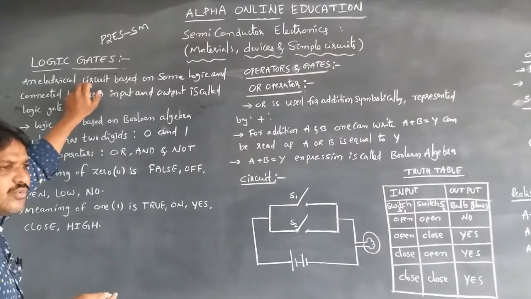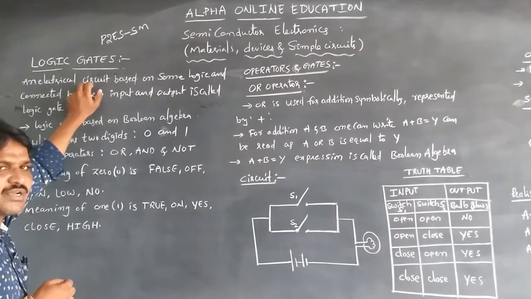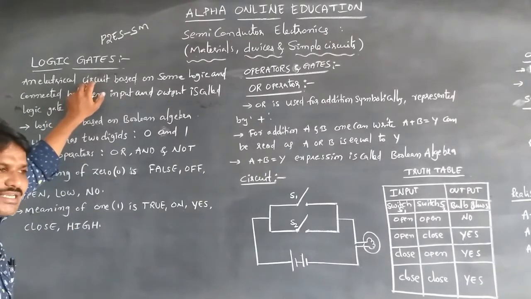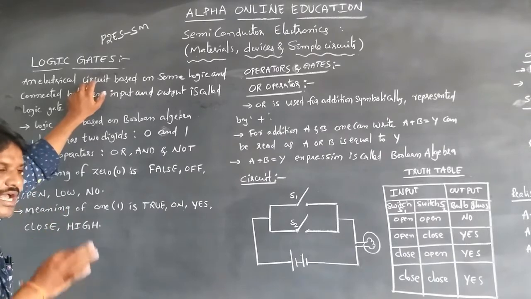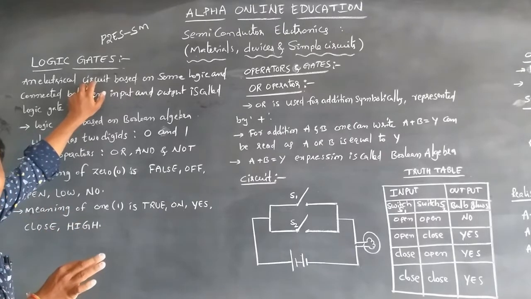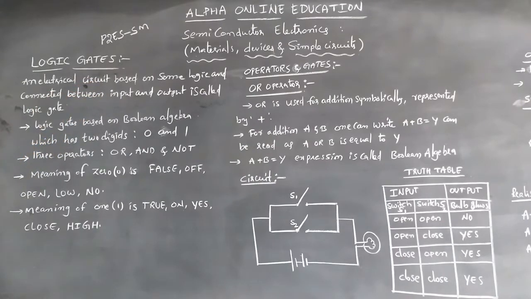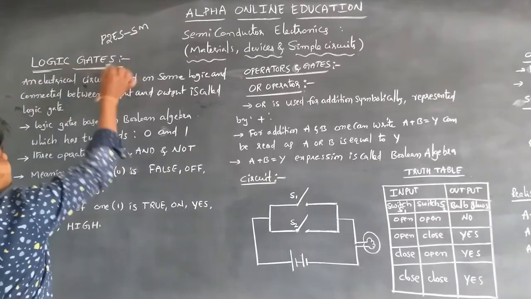Already we have told you about digital signals: whenever signals have only two discrete values, they are called digital signals, and a circuit which is used to process the digital signals is called a logic gate.